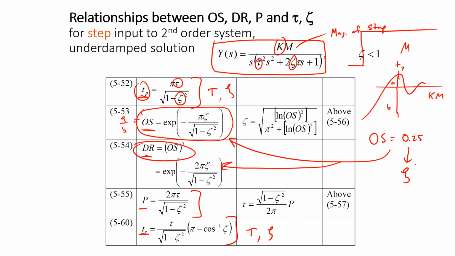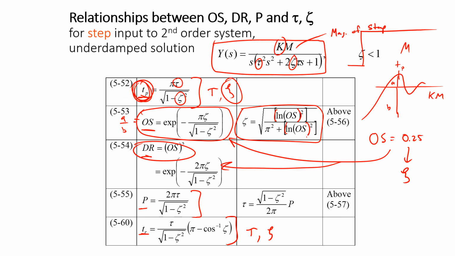And then we can get tau, if we know zeta and we know the peak time, we can get tau as well. Okay, and then this is the equation for zeta, so you don't have to rearrange it. You can get zeta from the overshoot. Now, one thing about this is it's going to be the natural log of the overshoot, and then you square that. You don't square the overshoot.